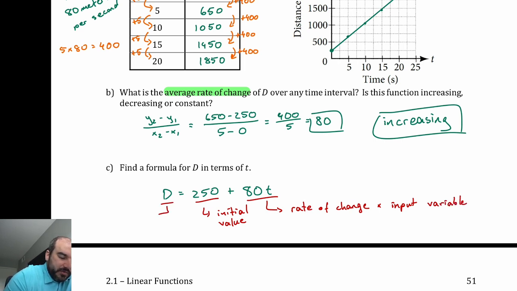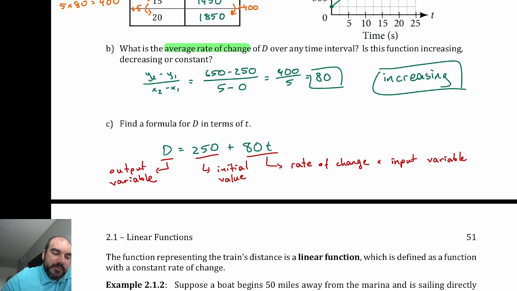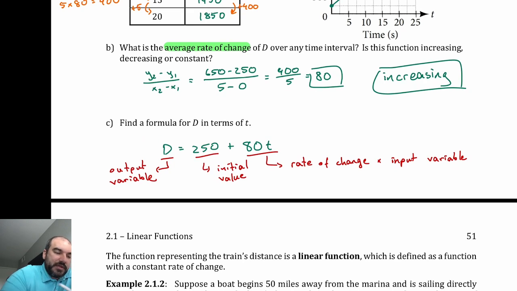Right, in general terms, the d is the output variable. And the 250 is our initial value, and 80t is our rate of change times input variable. So we can simply write it like that.